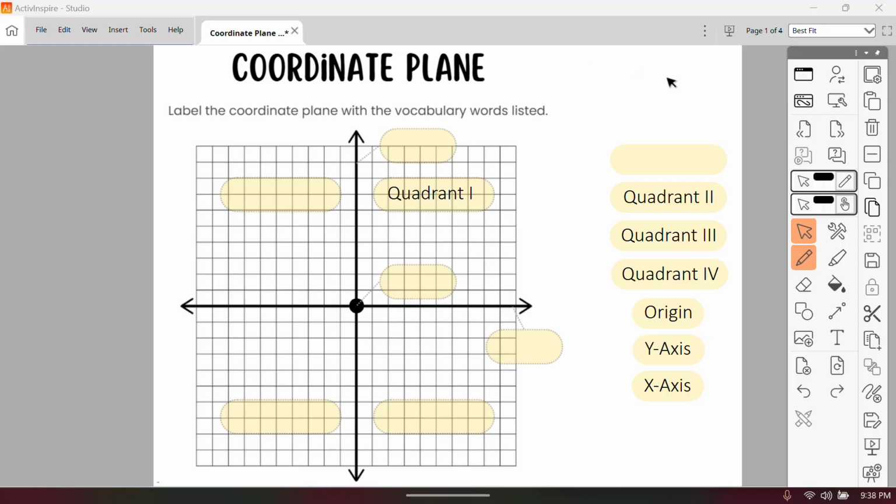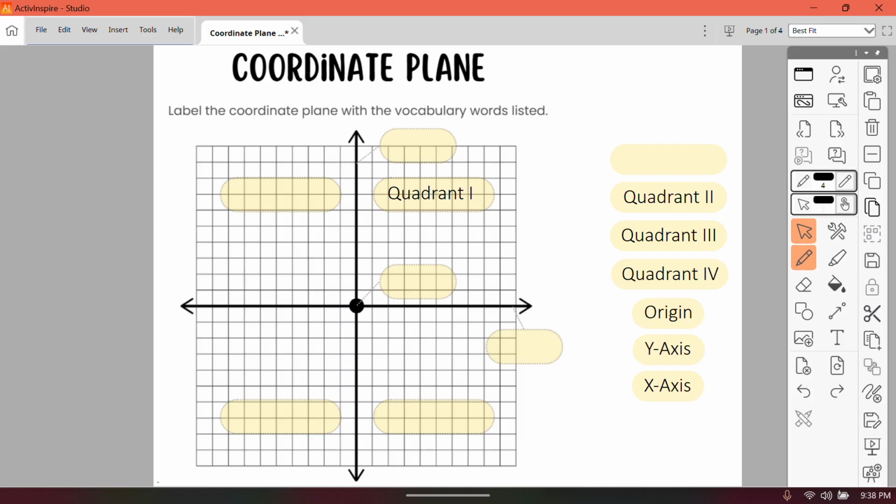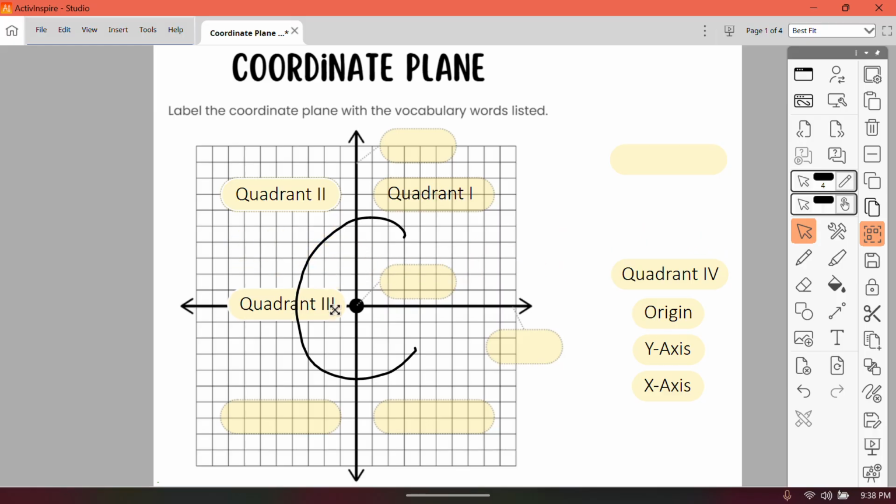And then they follow the shape of a C, or they go counterclockwise for the remaining quadrants. So quadrant 2 is over here. Quadrant 3 is in the lower left. And quadrant 4 is in the lower right.